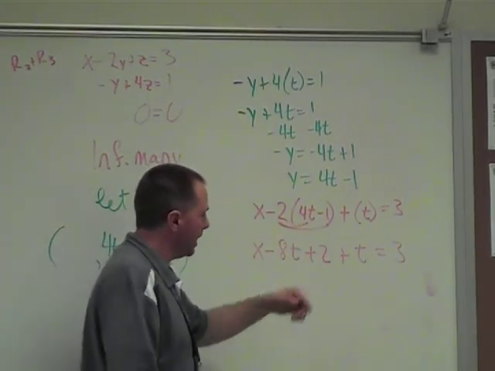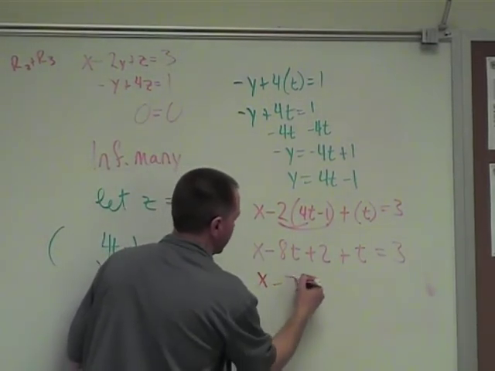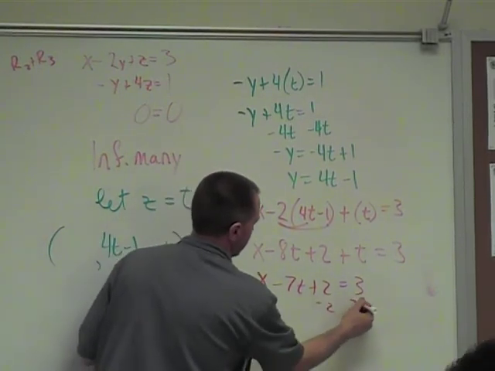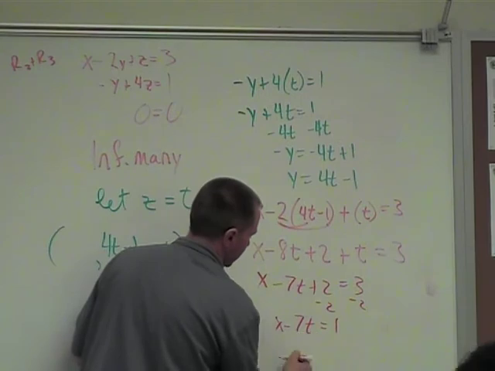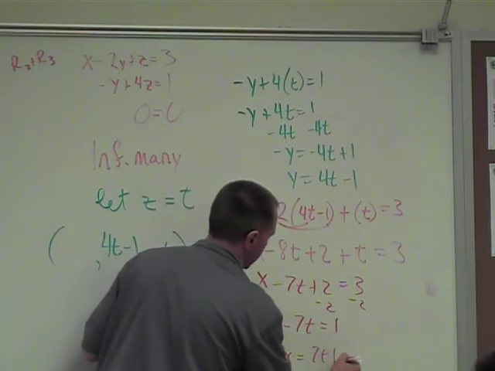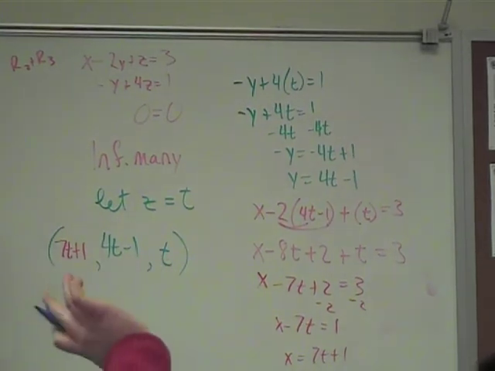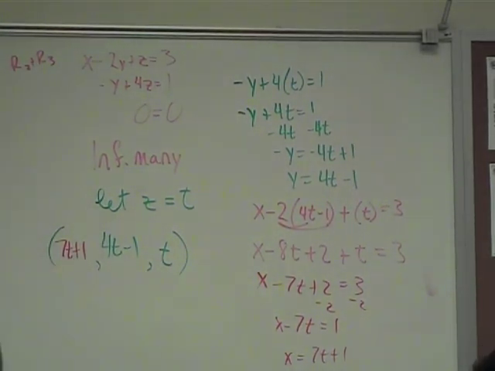So we distributed, this is x minus 7t plus 2. And then subtracted 2, we get x minus 7t equals 1. Add the 7t, we get 7t plus 1. You got that right? So when you have infinitely many, you've got to get the parametric expressions.